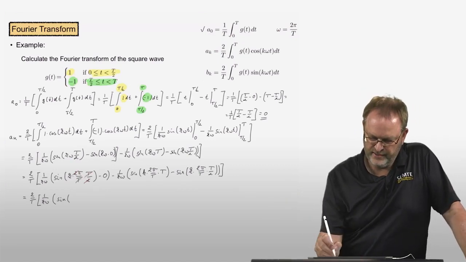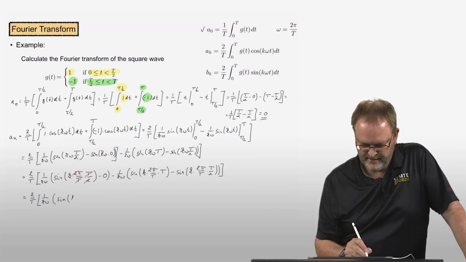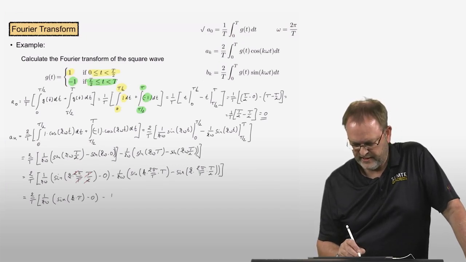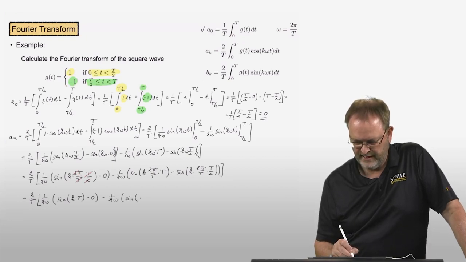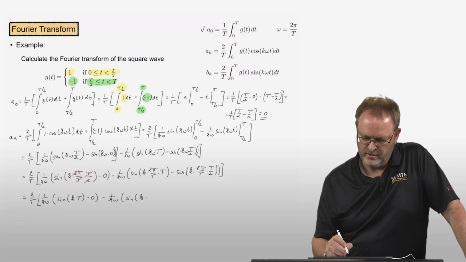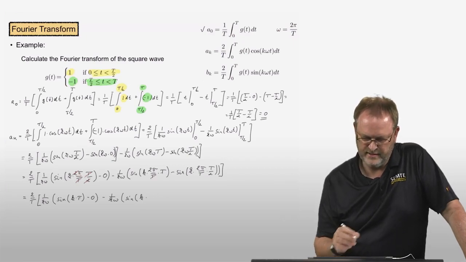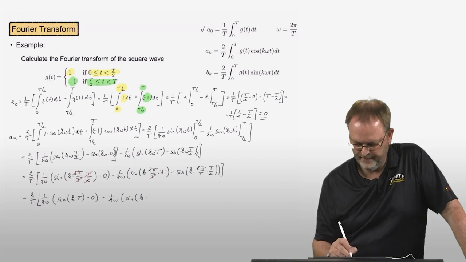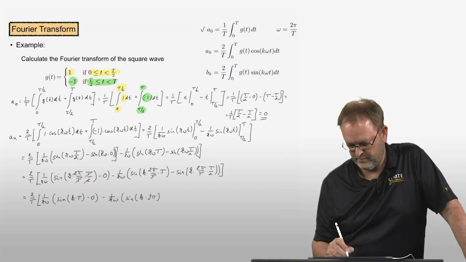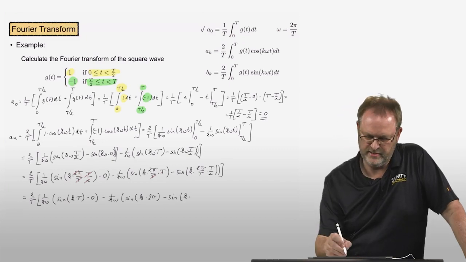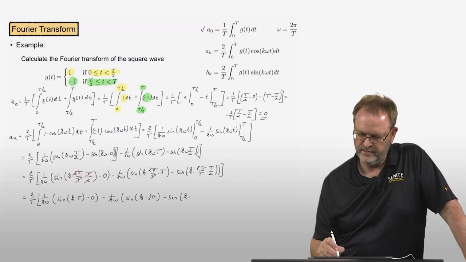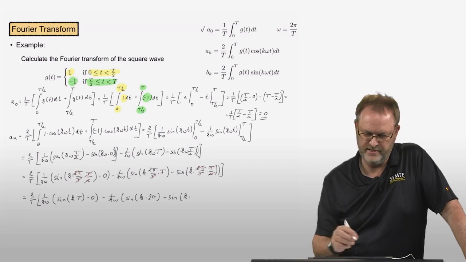So what I'm left with is k times pi minus 0, minus 1 over k omega times the sine of k times, over here the t cancels, and I'm left with 2 pi minus the sine of k times, and in these parentheses over here, the t cancels and the 2 cancel against each other.